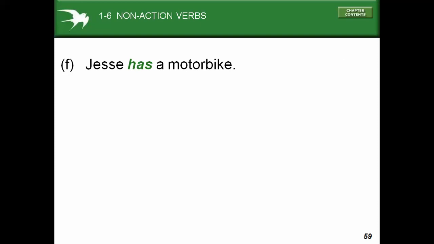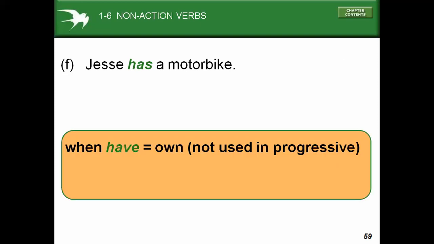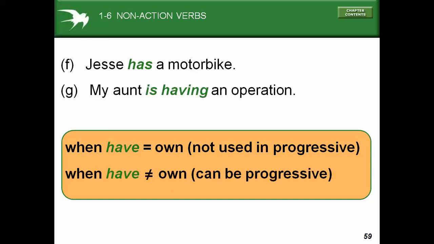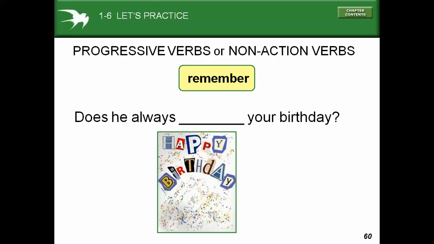Jesse has a motorbike. When we say have or has, it means own. My aunt is having an operation. Okay. Here this does not mean own. If have or has is used in the progressive or the continuous, it does not mean own. Progressive verbs or non-action verbs.